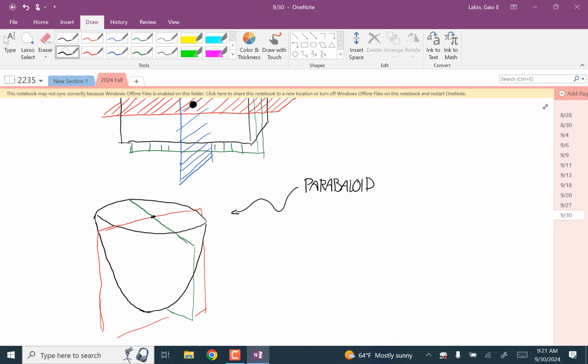And so you know that the centroid has to lie along a center line like this. Okay, and then again, you just have to figure out the height. Let's say the dotted line.